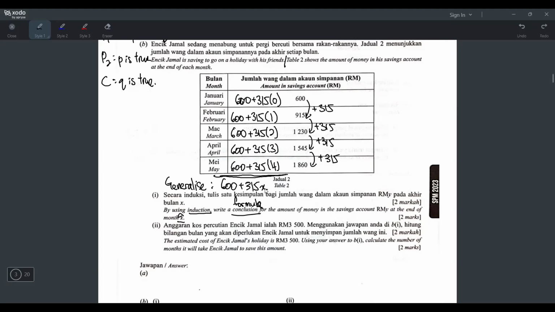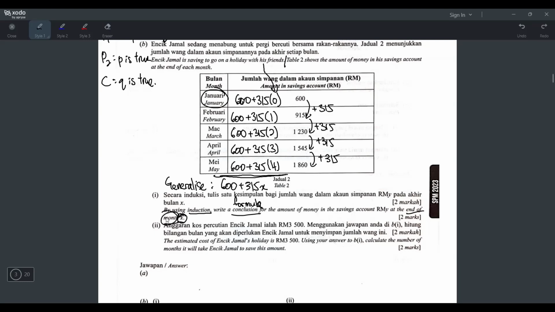But I want you to notice something here. X represents the end of month, right? So after January, the end of month should be 1. Do you agree? So this number should be 1, right? Because if I want to calculate the savings at the end of January, then the end of month here, X, should be 1. And also, there's no 0 month.